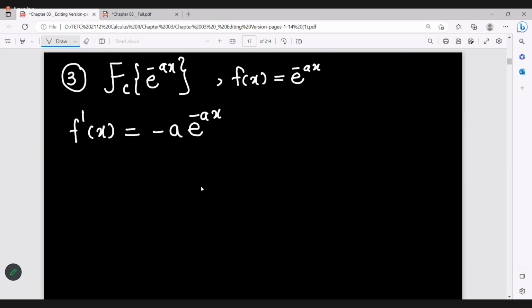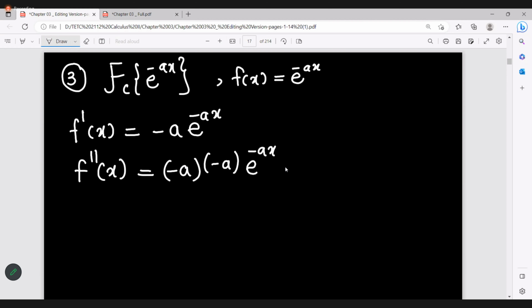Minus a times e to the power minus ax. And then let's take the second derivative as well. This is equal to minus a times minus a e to the power minus ax, so this is equal to a to the power 2 times e to the power minus ax.